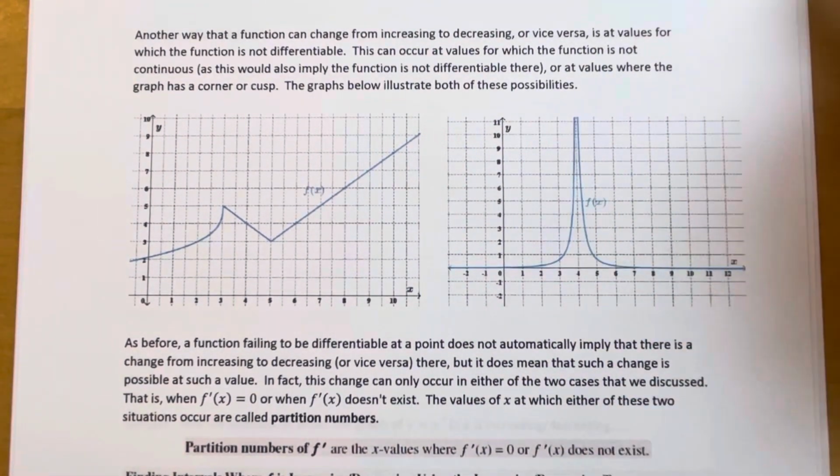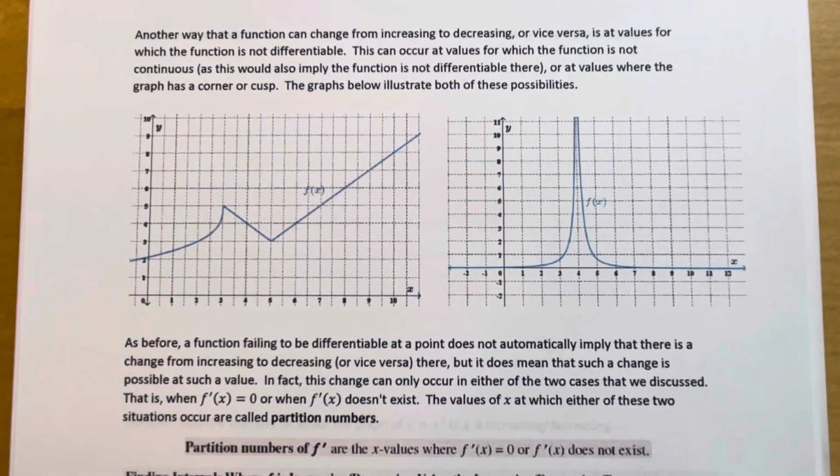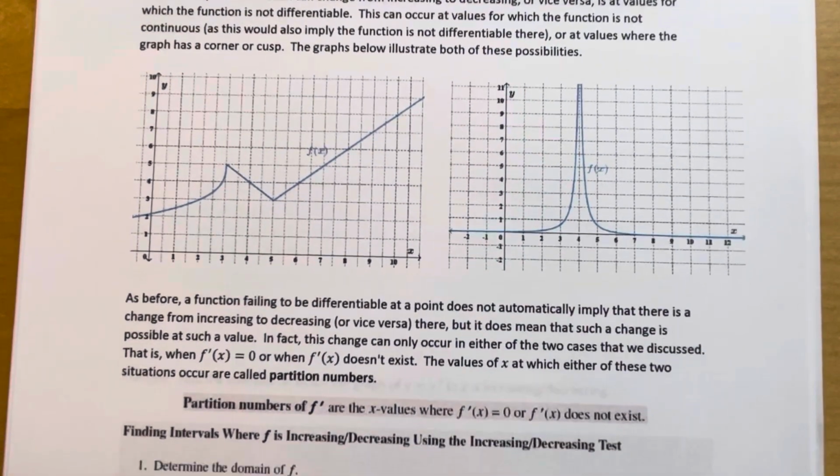So putting all of this information together, if we're looking at a function and our goal is to find maximum and minimum values for that function, it turns out that those will always occur in one of two places. They'll either occur where the derivative of our function is equal to 0, or where the derivative does not exist at all. In other words, where the function is not differentiable.